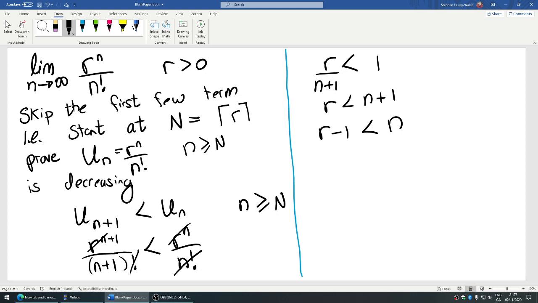Now, this is clearly true because n has to start at capital N, which we said is the value of r rounded up. So this is true since n is more than or equal to N, which is just r rounded up.